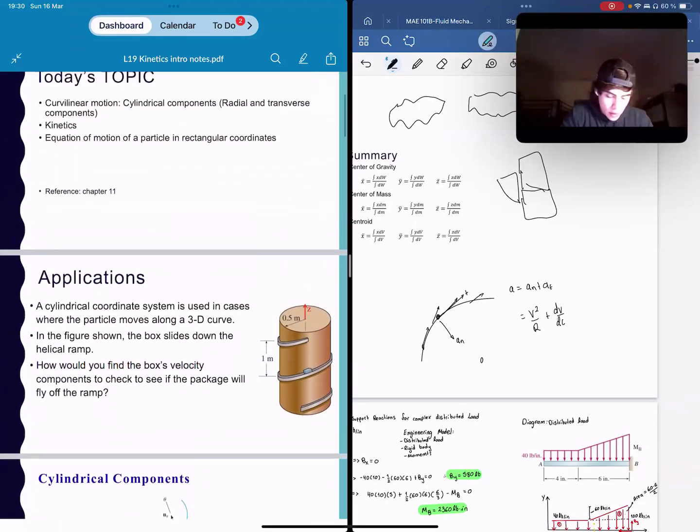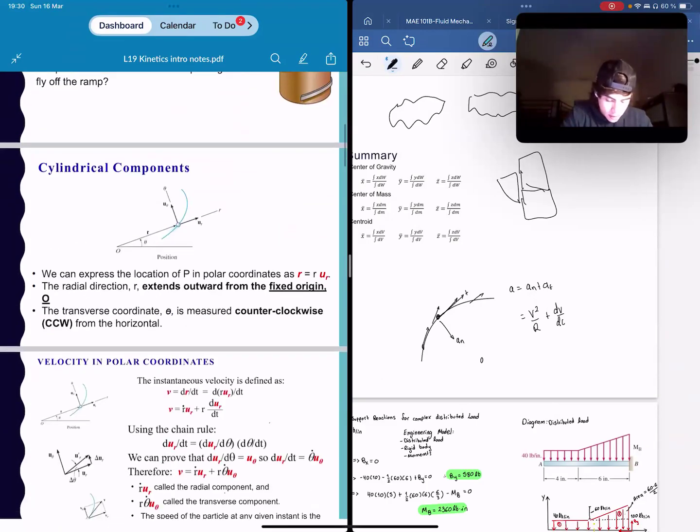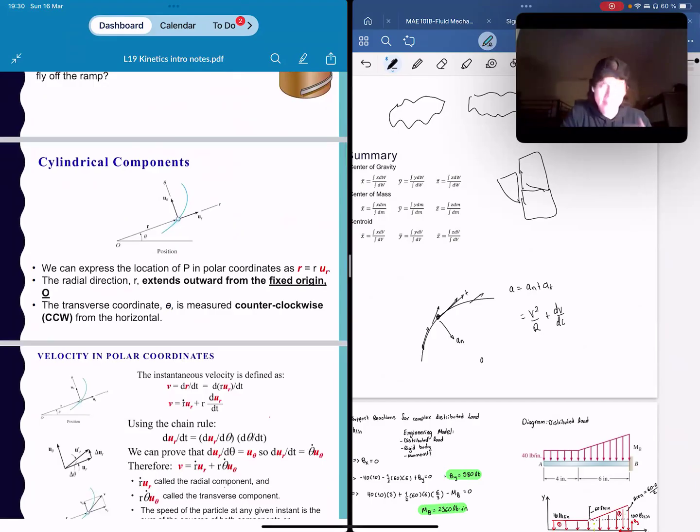And we can also have cylindrical components. So this time the coordinates are, instead of u t or u n for normal and tangential, we have a radius and an angle, right? Those will be cylindrical coordinates.